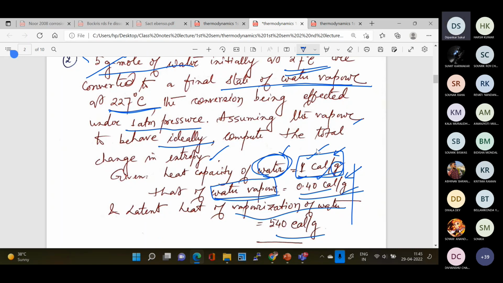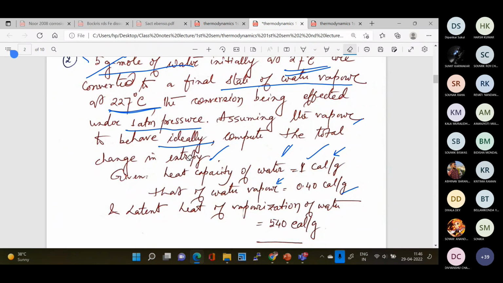Not only do you have to increase the thermal movement, temperature is a measure of thermal movement, but you also have to break the hydrogen bondings, and to break those you require some amount of energy. That's why for liquid water, in order to increase the temperature by 1 degree, you require more heat. Whereas in case of water vapor, hydrogen bonding is practically absent. Hence, to increase the temperature by 1 degree, you require less heat.